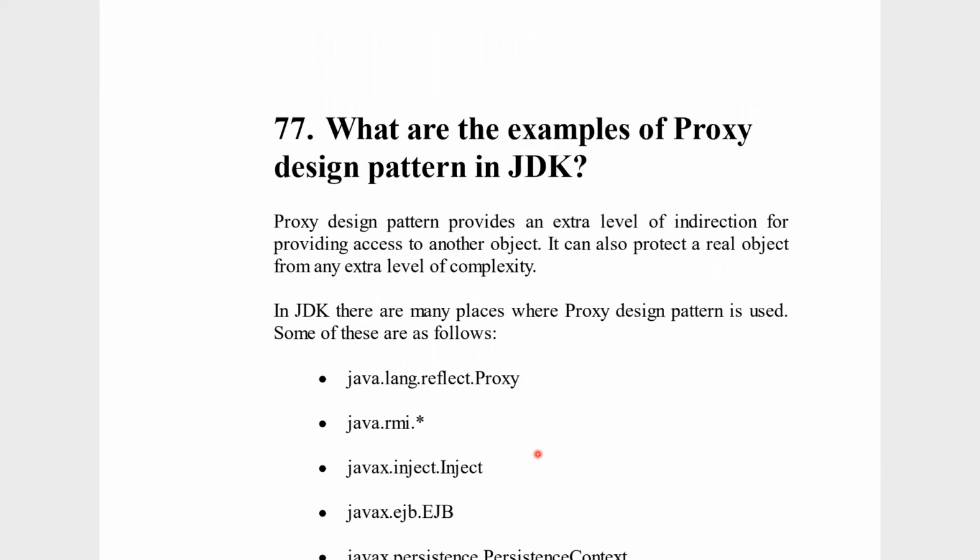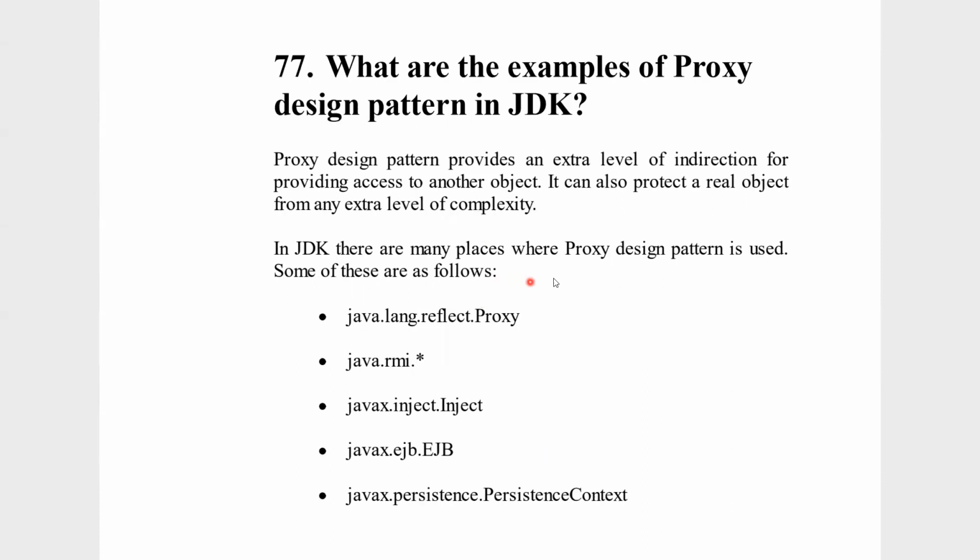After decorator, we have another candidate design pattern called proxy. The proxy design pattern provides an extra level of indirection for providing access to another object. You don't know what the real object is, but you are able to use the real object. This is an advantage of proxy. In JDK, we have many things, like java.lang.reflect.Proxy.